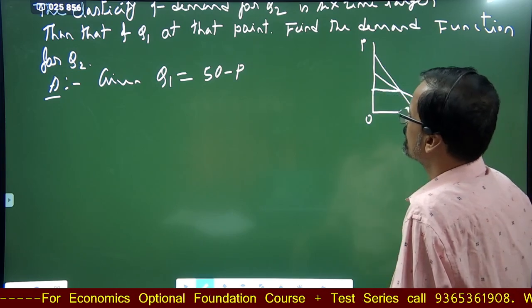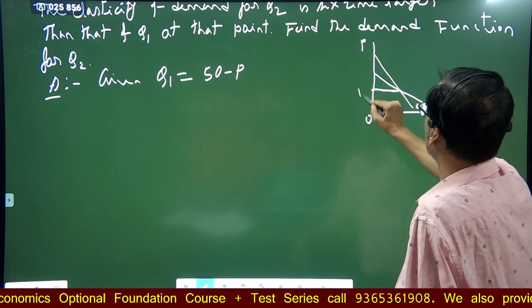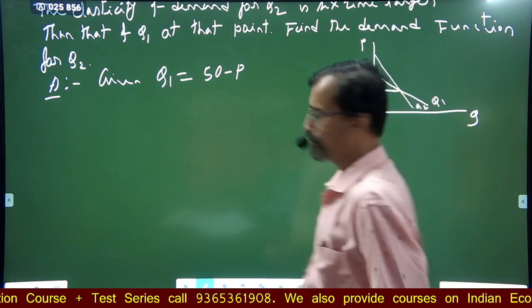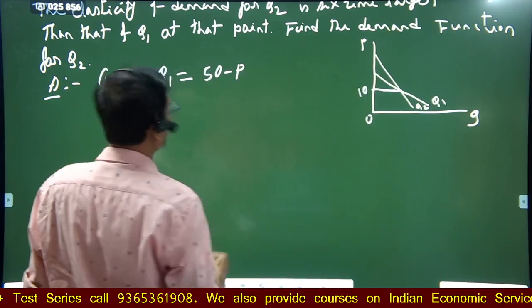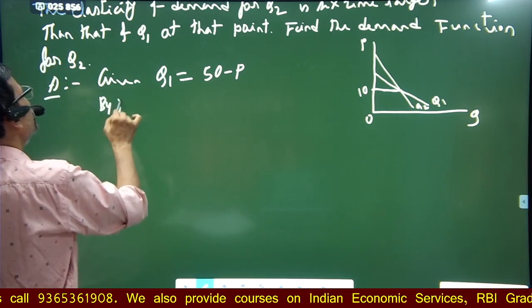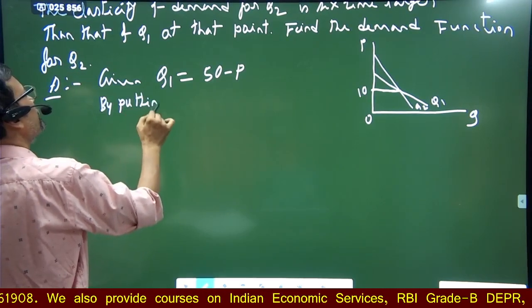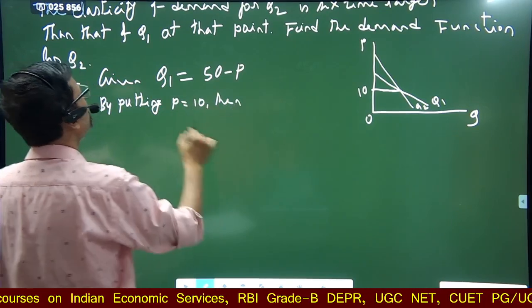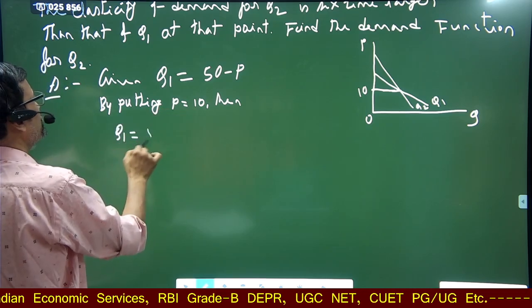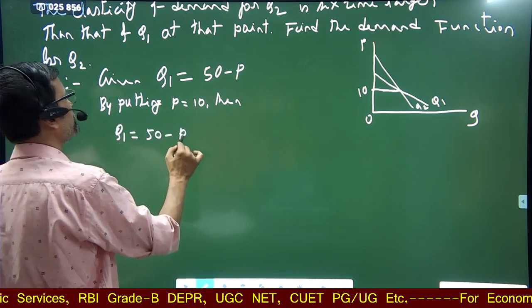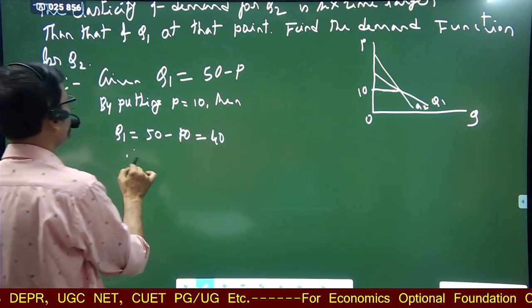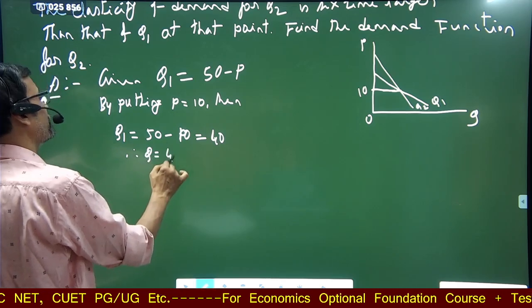The price is given as 10. So by putting P equal to 10, Q1 is equal to 50 minus 10, that is 40. Therefore, Q is equal to 40.